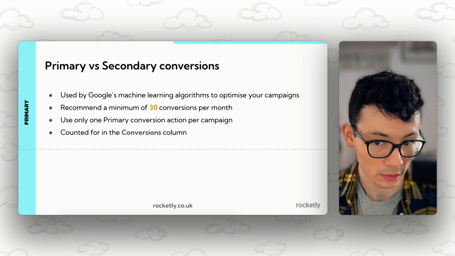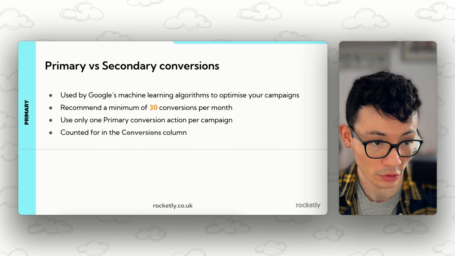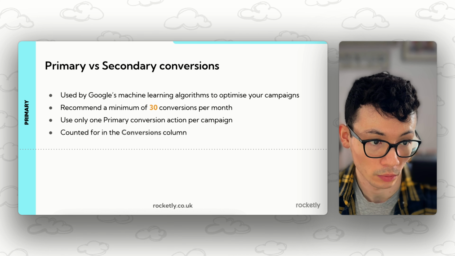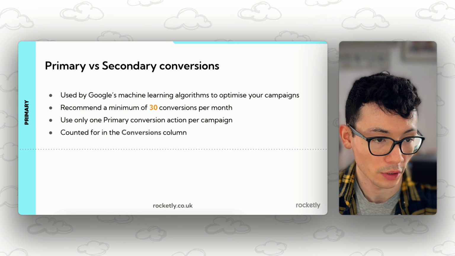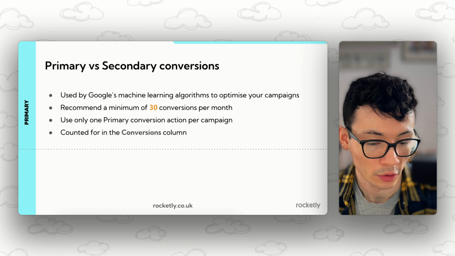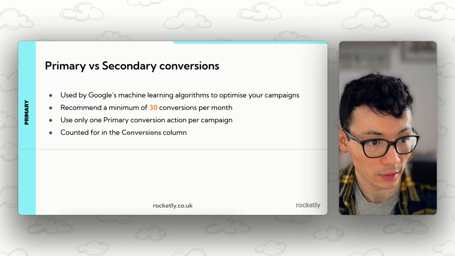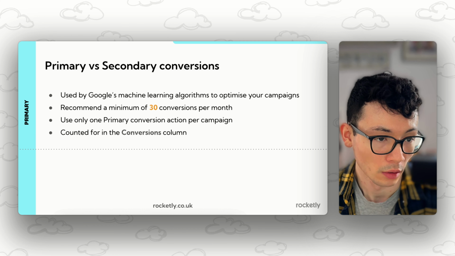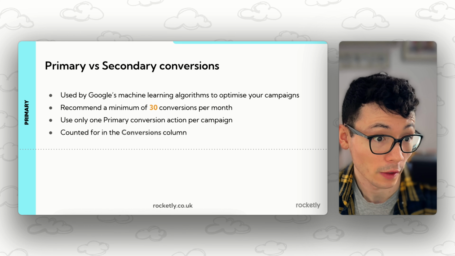Second, it's recommended to have around 30 conversions per month for your primary conversion action. This is so you have enough data volume for Google to optimize towards. If you're only getting a handful of conversions for your primary conversion, you might want to try a different conversion action to optimize towards. For example, in the B2B sales funnel example, you might have closed deals as the primary action, but you might only be pulling in like 5 closed deals per month, which is not ideal.